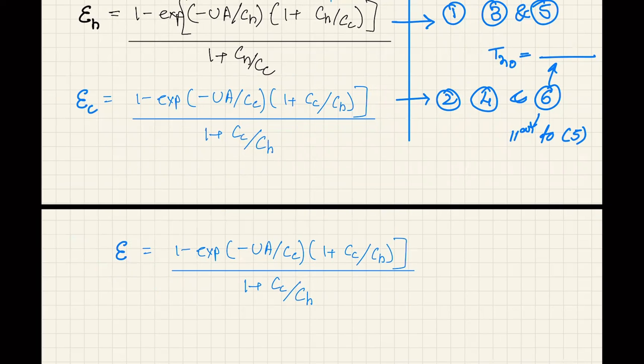This will just be epsilon. Now I'm trying to generalize. Here Cmin was Cc, here Cmin was Ch. So now generalizing them, this particular term will become, yes, anyone? Cmin, correct? Can I say this as Cmin?